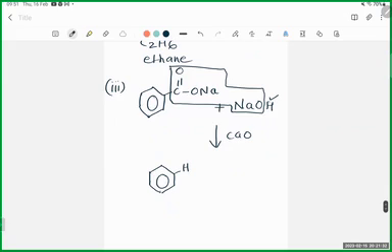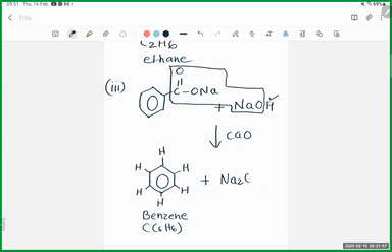It gets its hydrogen back. So the formula comes as C6H6. All carbons have hydrogen. Look over here. Yes, ma'am. So the formula goes as C6H6. Right? Plus, what do you get as product? Sodium carbonate. Are you clear there?